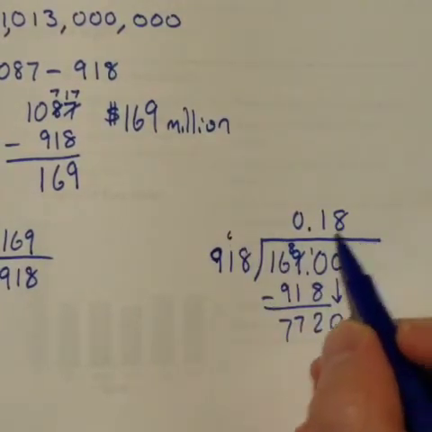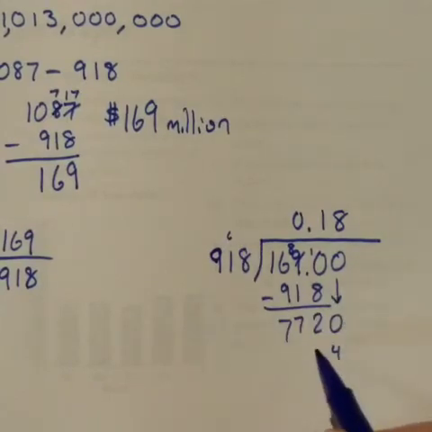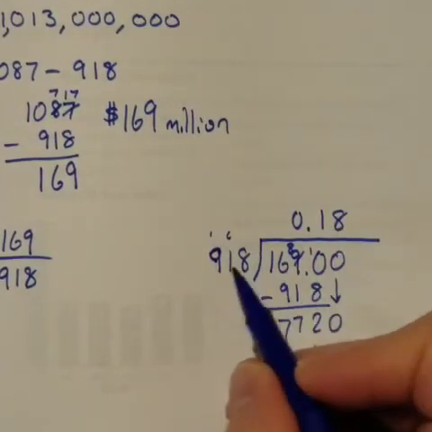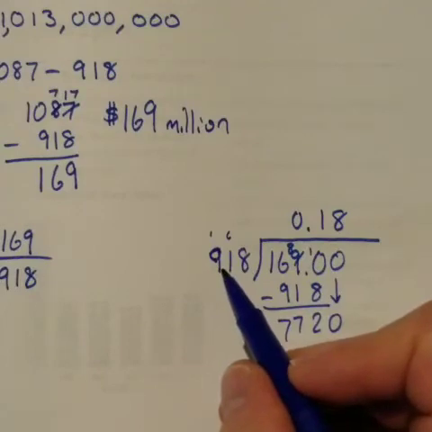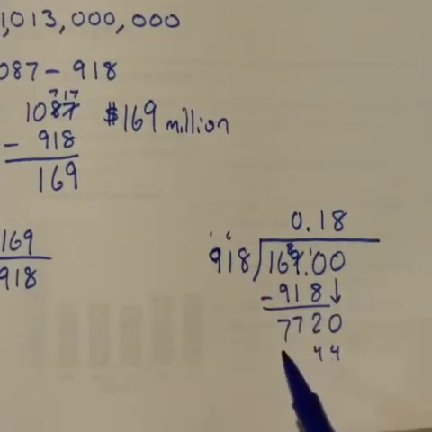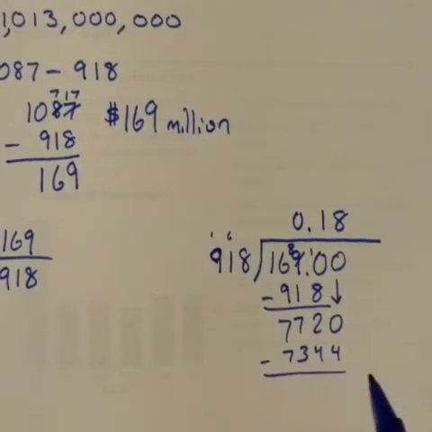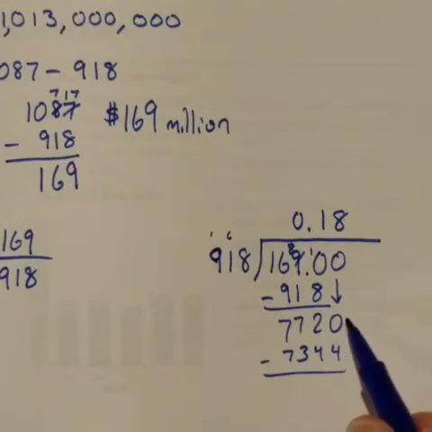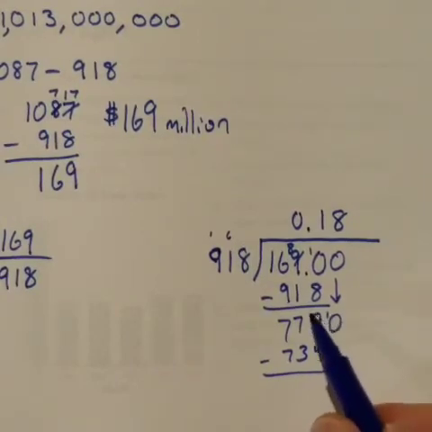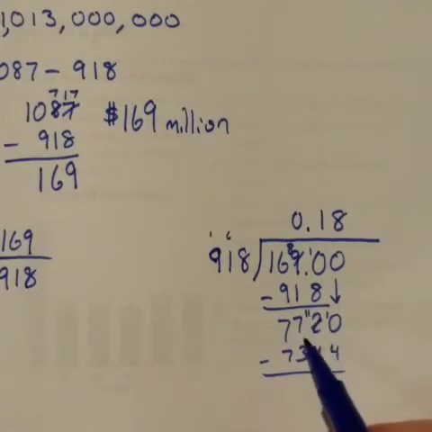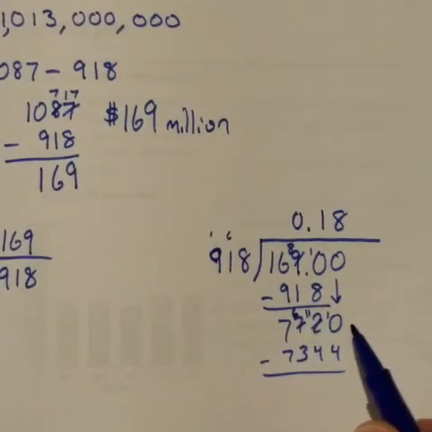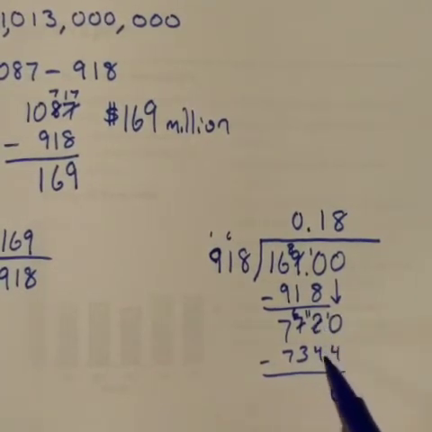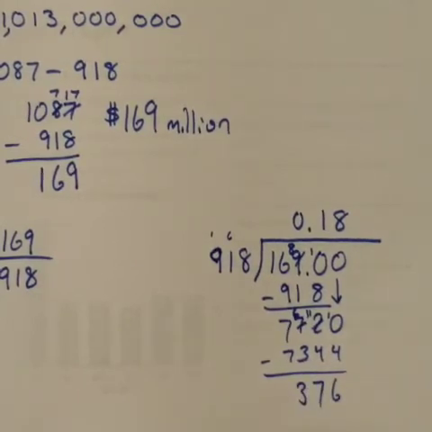Put a 6 up there, that'd be 8 plus 6 is 14. 8 times 9 is 72, that'd be 73. And that looks about right. We'll subtract these, that's 10, that's 1, need to borrow again. That'd be a 6, so 10 minus 4 is 6, 11 minus 4 is 7, 6 minus 3 is 3.